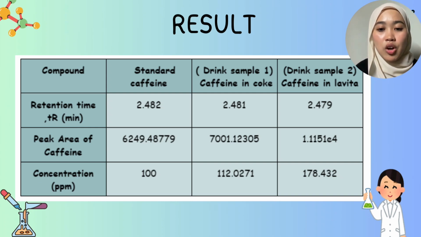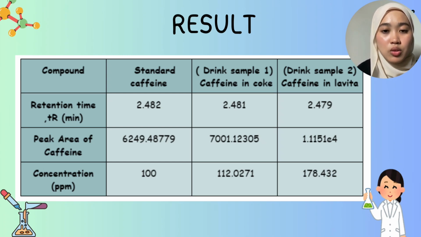For the peak area of caffeine, we found that standard caffeine has 6249.486779, caffeine in Coke 7001.12305, and caffeine in Lavita is 1.1151 times 10 to the power of 4. Last is concentration: for standard caffeine it is 100, caffeine in Coke 112.0271, and caffeine in Lavita is 178.432.